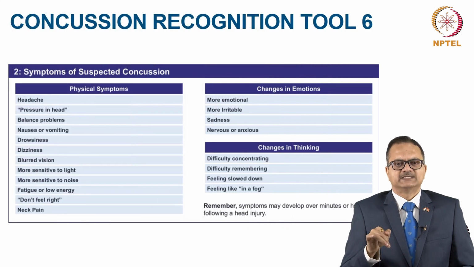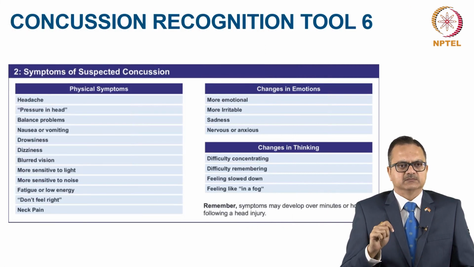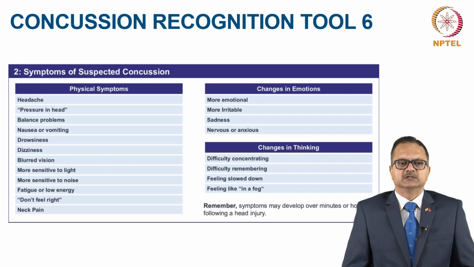Step 2, symptoms. Look for these symptoms. Physical symptoms like headache, pressure in the head, balance problems, nausea, vomiting, drowsiness, dizziness, blurred vision, more sensitivity to light, more sensitivity to noise, fatigue or low energy, don't feel right in any manner, neck pain.